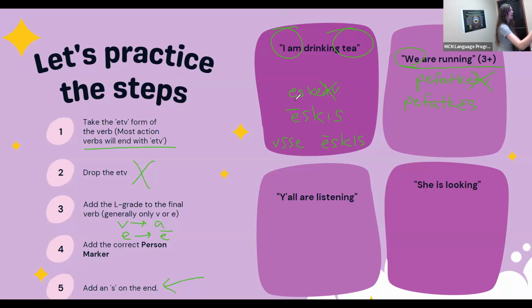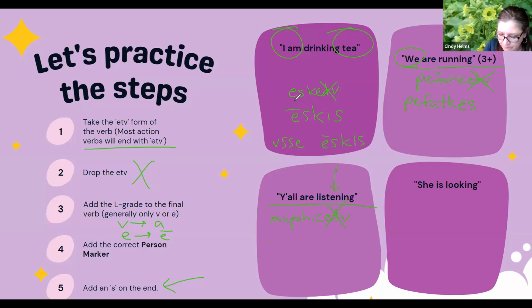Nice. Okay. Y'all are listening. First thing we need the verb for to listen. What's the verb to listen? Mabohejeda. Yes. Nice. Okay, what do we do next? Drop the ida. Nice.